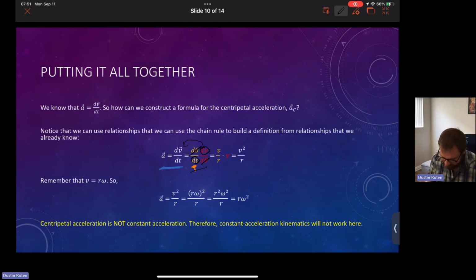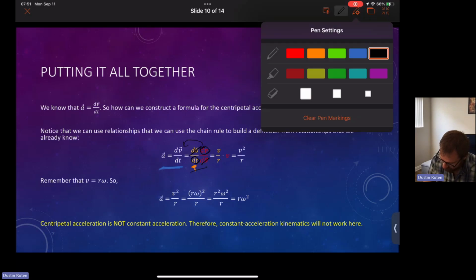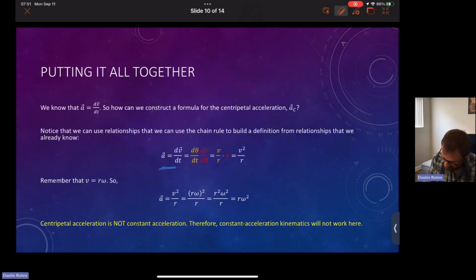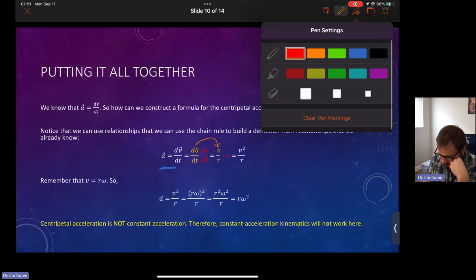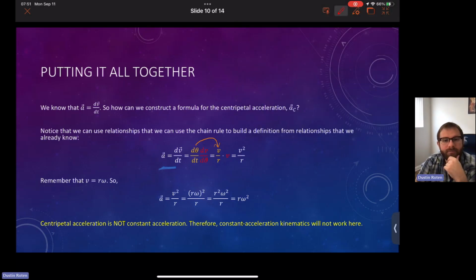Well, as you saw from the previous slide, this is getting cluttered, let me erase it. As you saw from the previous slide, I know what d theta dt is, and we also spent some time figuring out what dv d theta is.